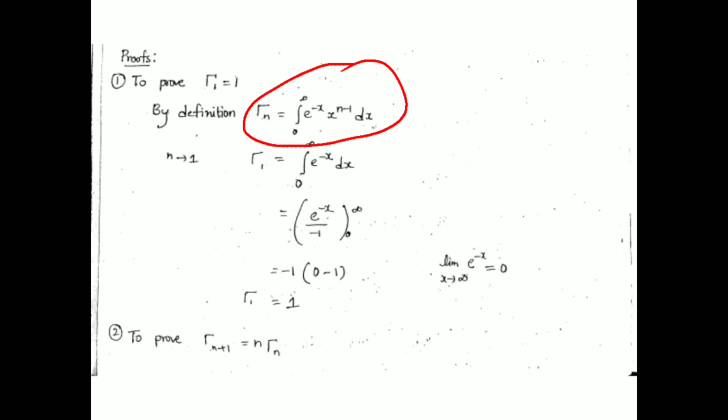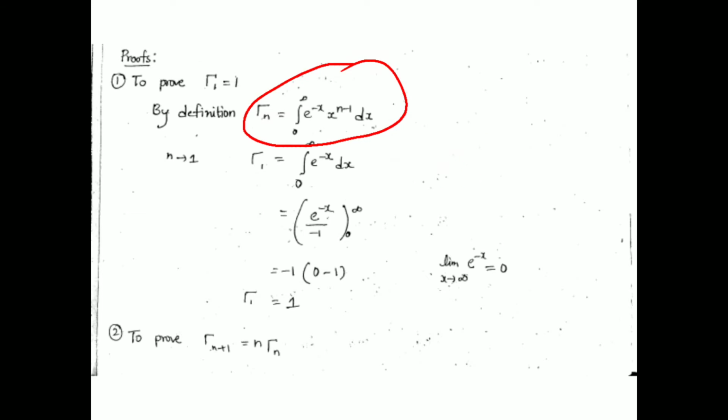So x power 1 minus 1 is x power 0, that is nothing but 1. Finally what remains is only e power minus x, so the integration from 0 to infinity of e power minus x dx.